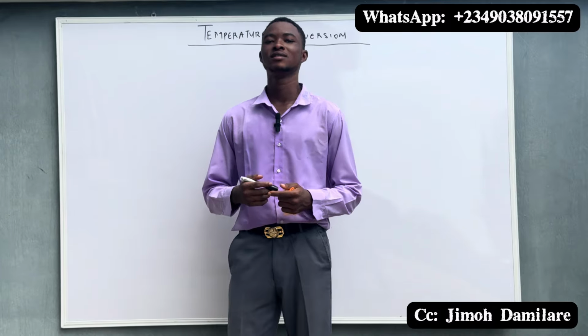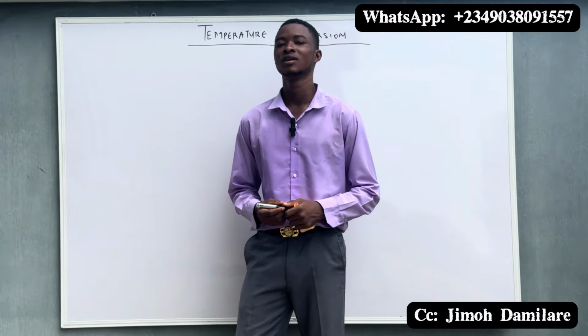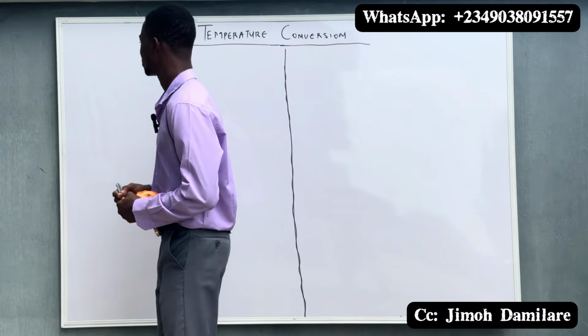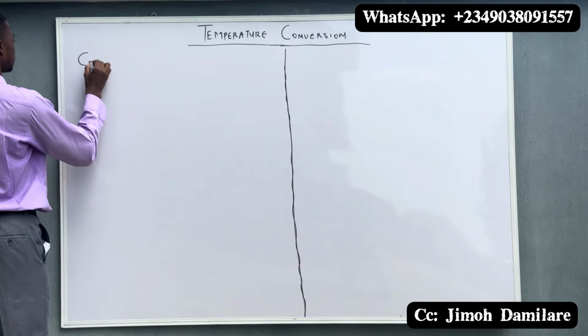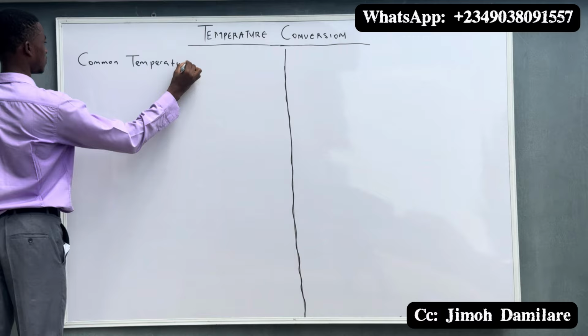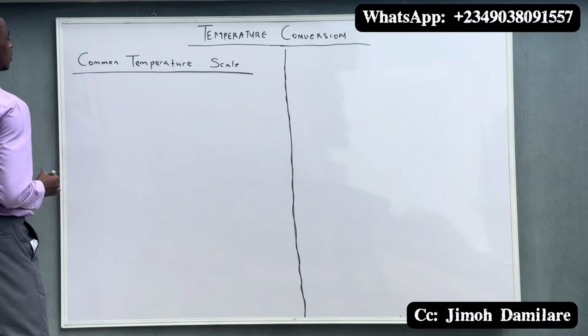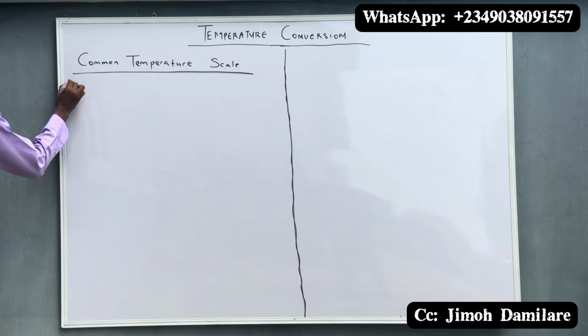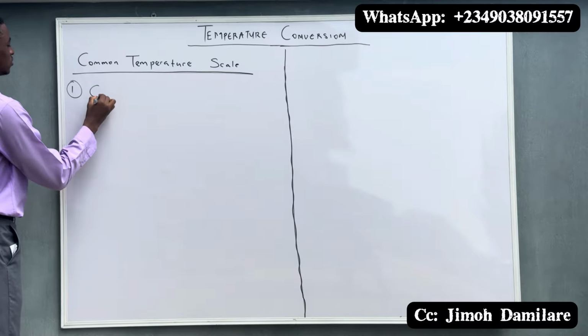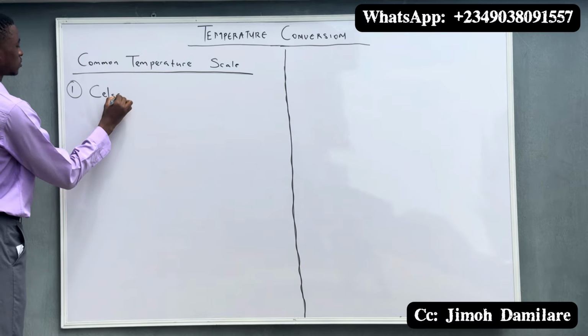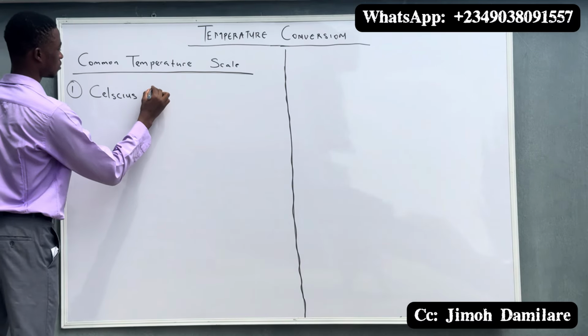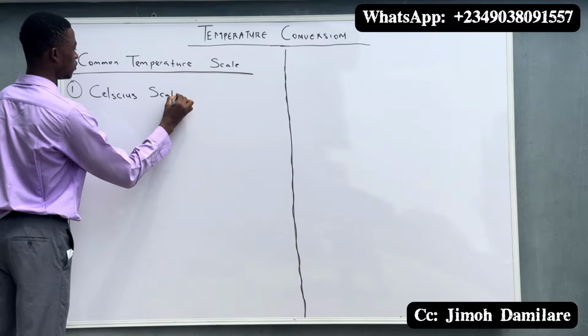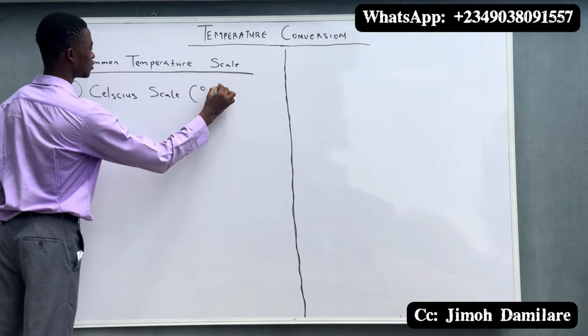So let's look at the common temperature scales. Let me just put that down on the board. The first example is the Celsius scale, which is in degrees Celsius.